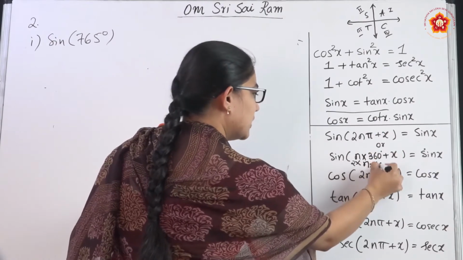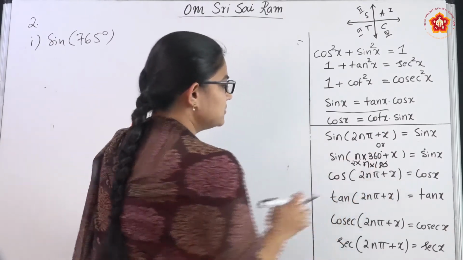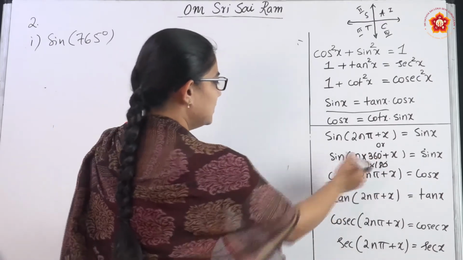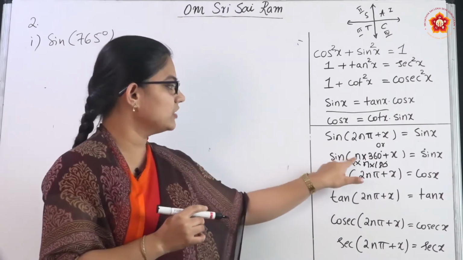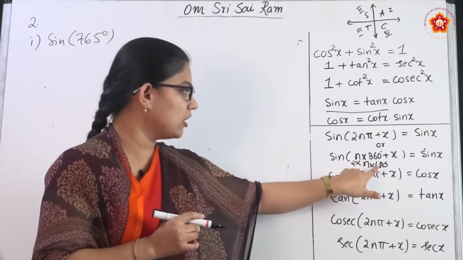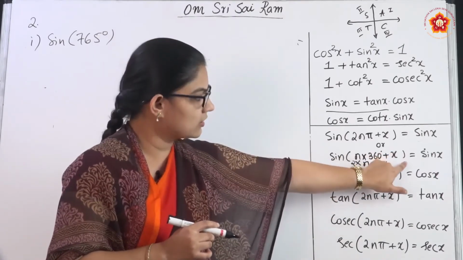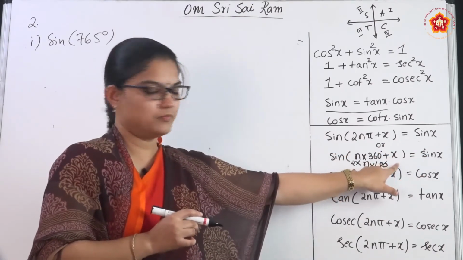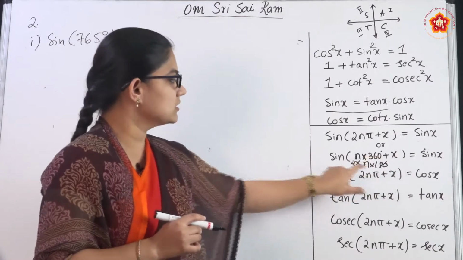Pi is 180, right. I have just written 2 into 180, that is 360. So we can write the same formula in terms of degree as sine of n into 360, that is any multiple of 360 plus some angle will give you the sine of the angle x, okay. So let us use this concept.